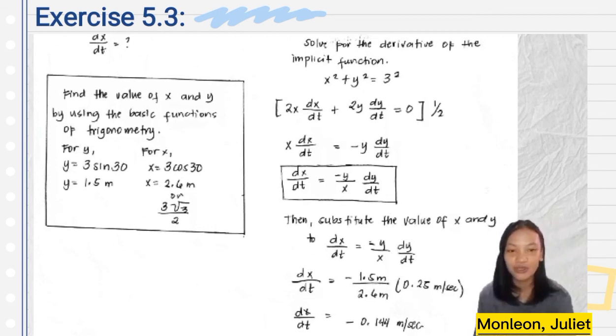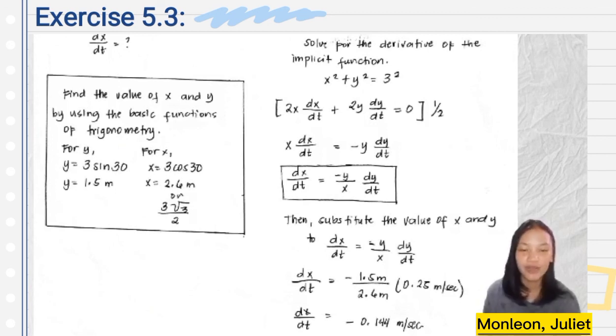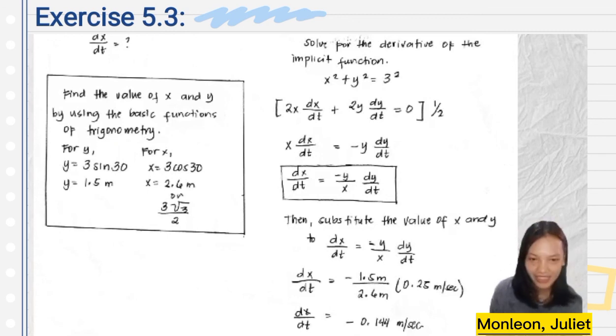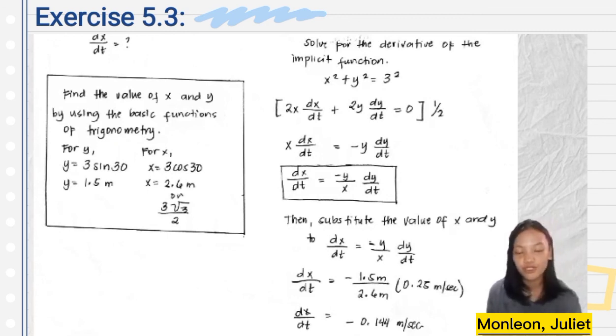Then after that, we will substitute the value of x and y into the equation that we came up with earlier. So dx/dt is equal to negative y over x times dy/dt. So we will now substitute the values: y is equal to 1.5 meter, while x is 2.6 meter.